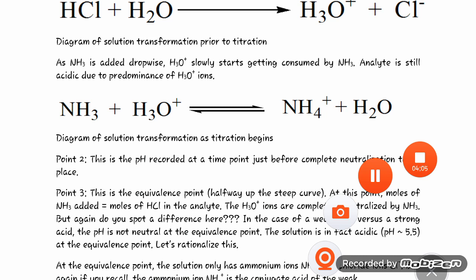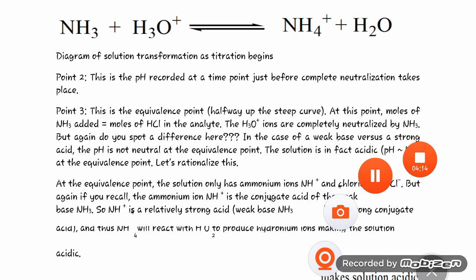The analyte is still acidic due to the predominance of H3O+ ions. So this is the diagram of the solution transformation as the titration begins. Point 2 is the pH recorded at the time point just before complete neutralization takes place. Point 3 is the equivalence point.